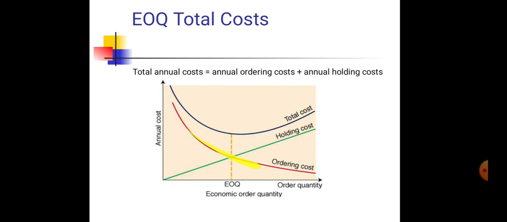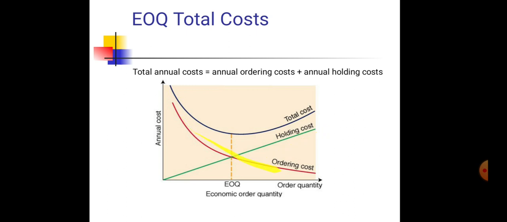This is the ordering cost. As order quantity increases, ordering cost reduces, because the number of orders is less. But as order quantity increases, holding cost increases.